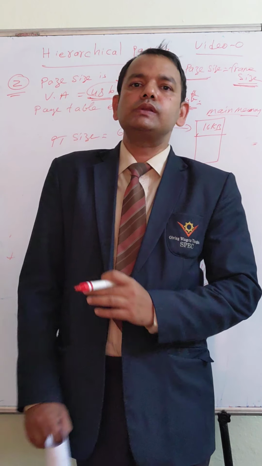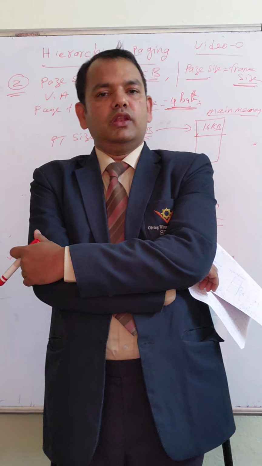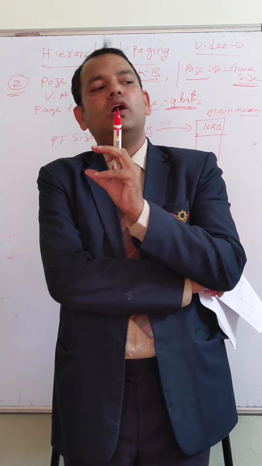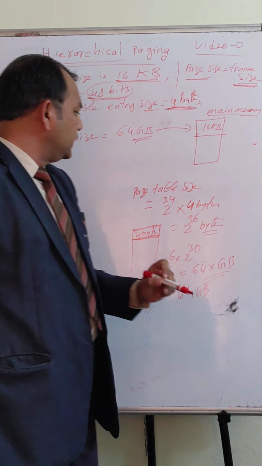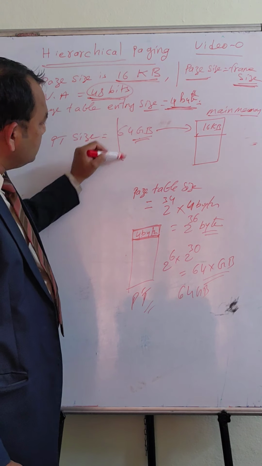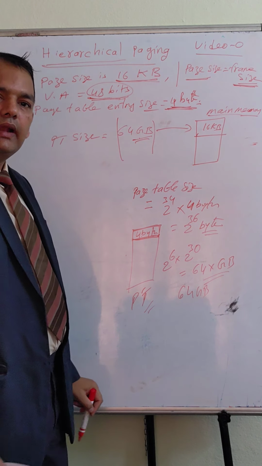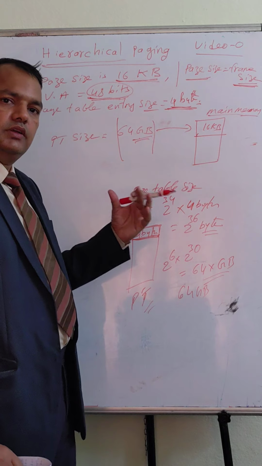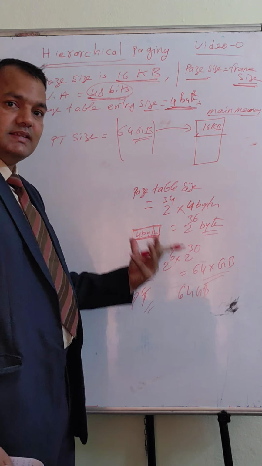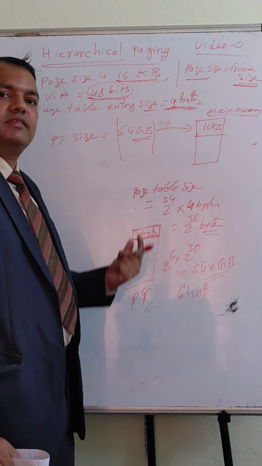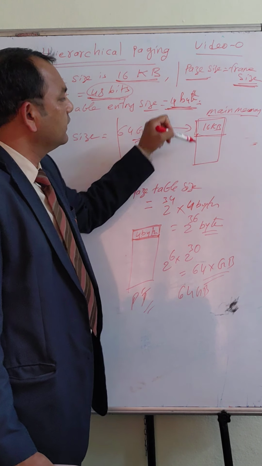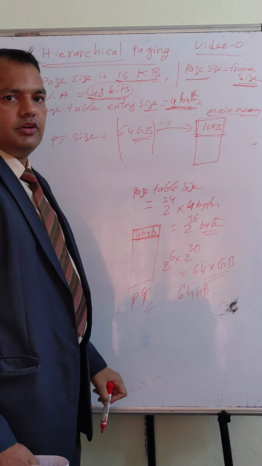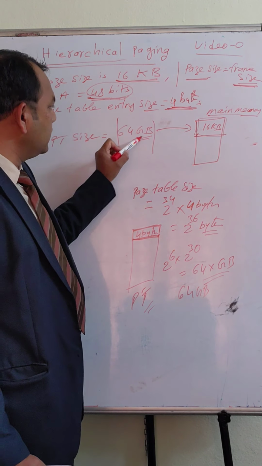No, my dear friends, we cannot store it. Now the concept of hierarchical paging comes. We need to divide the page table into sub-page tables so that each page table can fit into 16 KB of memory. This is greater than 16 KB.